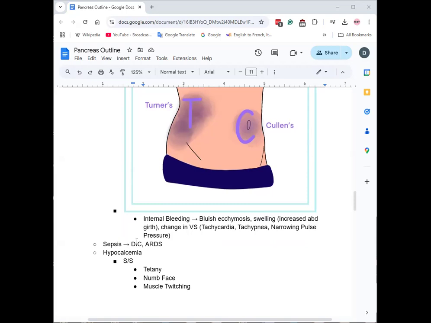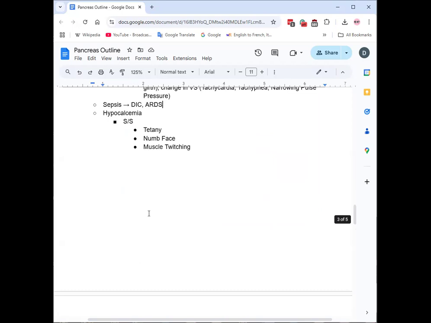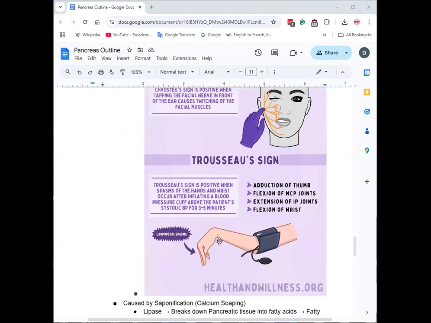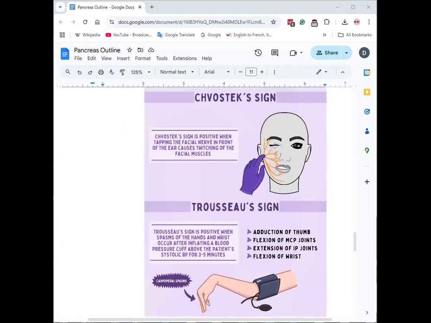We talked about sepsis. It can lead to hypocalcemia, the different things that Kaplan loves talking about, like tetany, muscle twitching, and specifically the names of the signs.